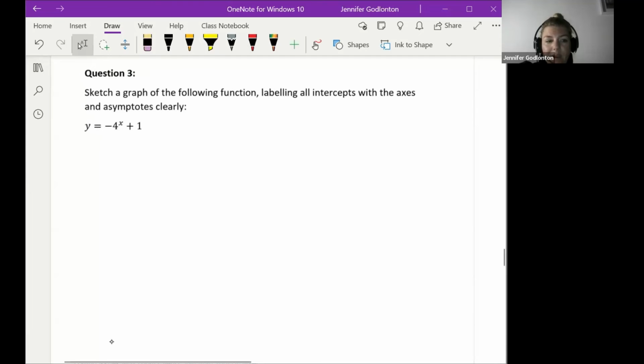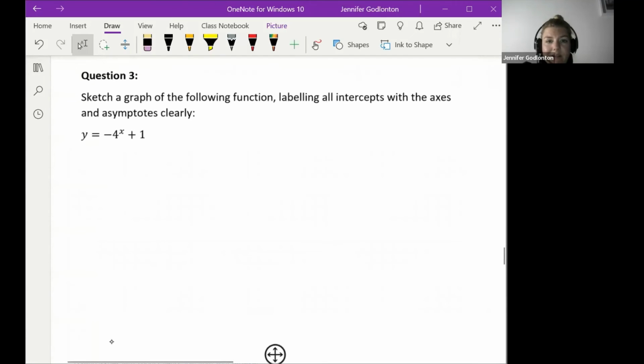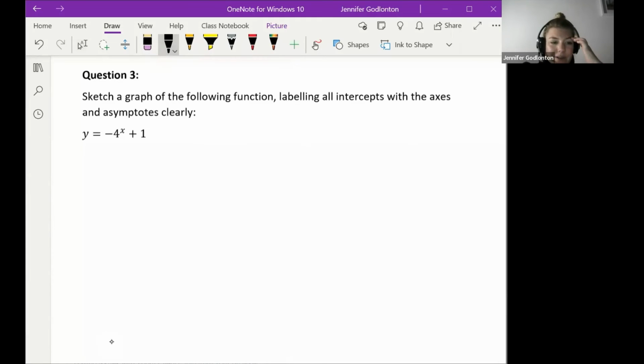Okay. This is our last question for the night. It's not a terribly nasty one. Yeah, I'll leave it at that. It's not a super nasty one. Yeah, if you have questions, guys, I'll be here while you're getting started on your quiz.